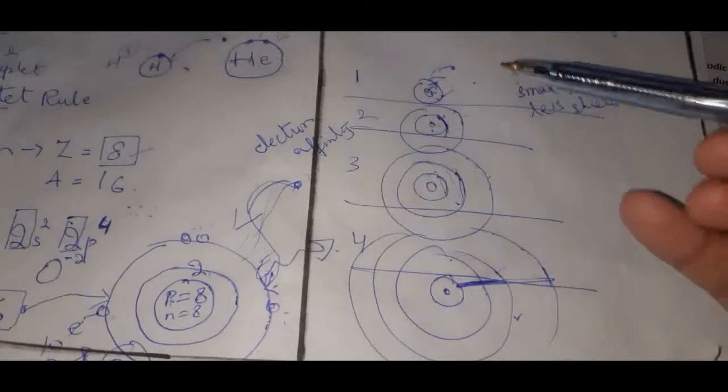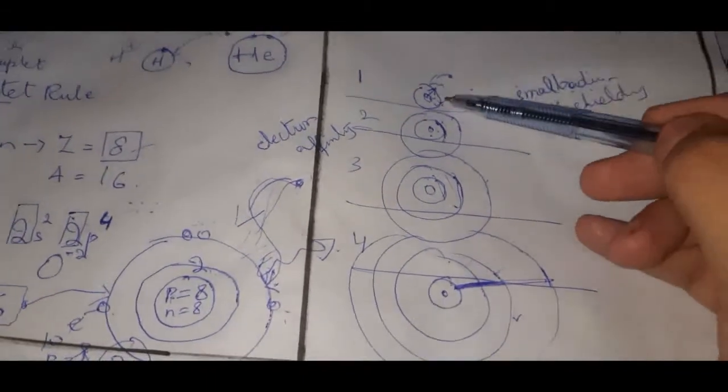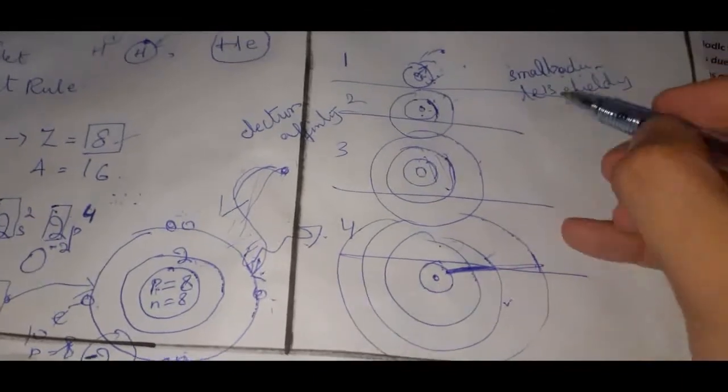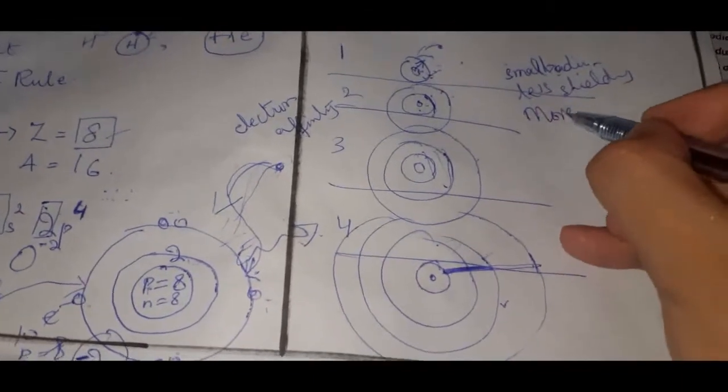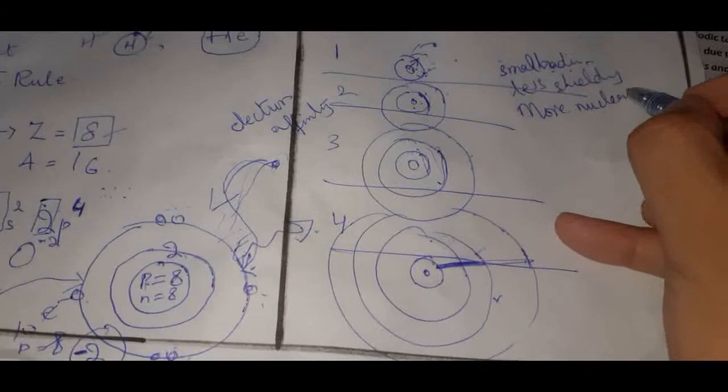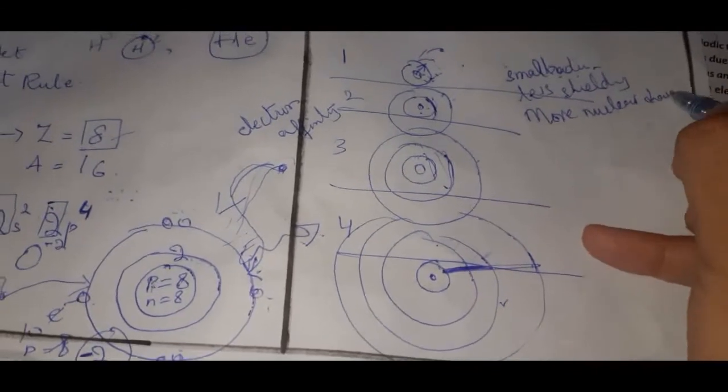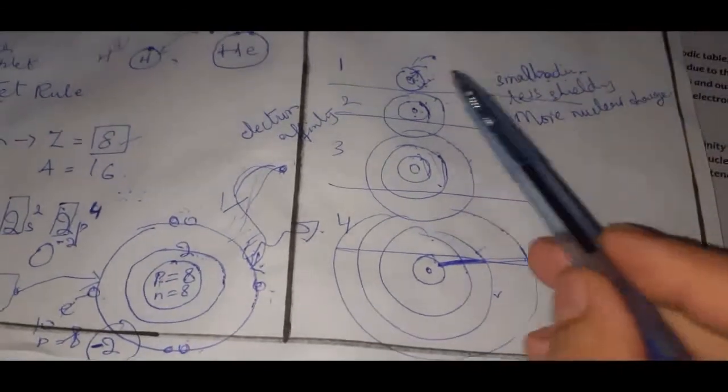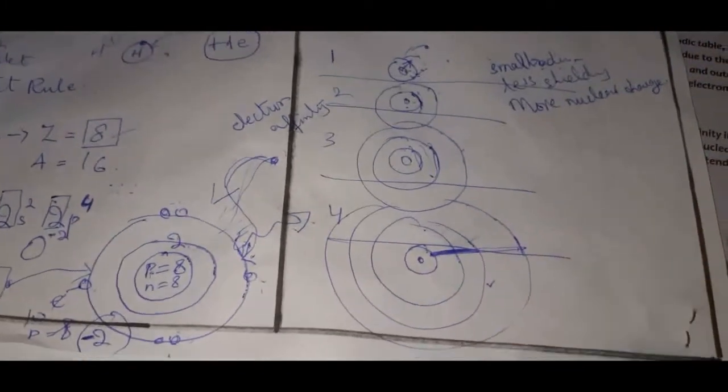So we say that small radii, less shielding effect, and more nuclear charge or more nuclear attraction will have more electron affinity, right?